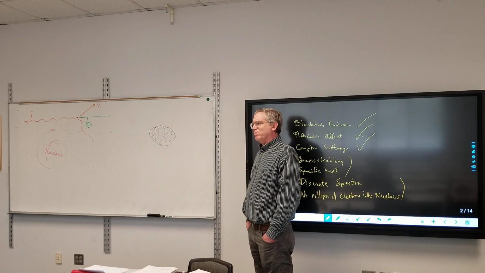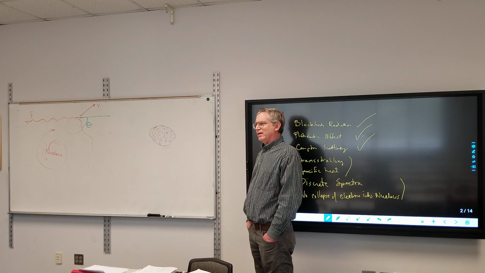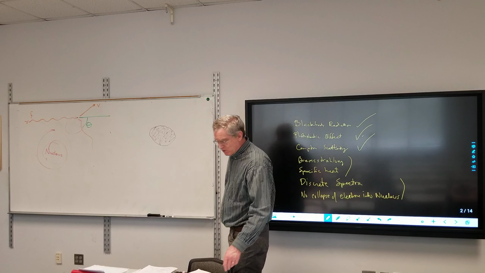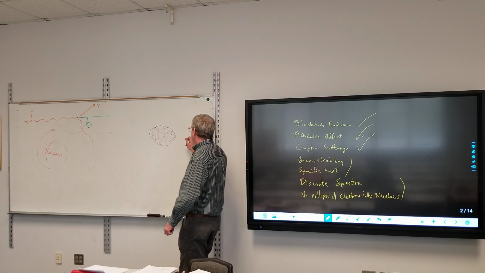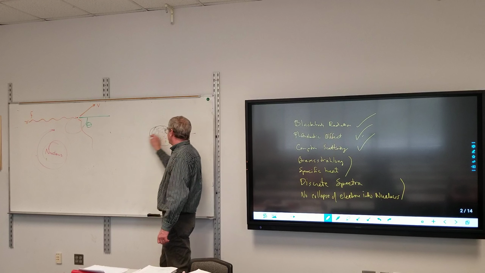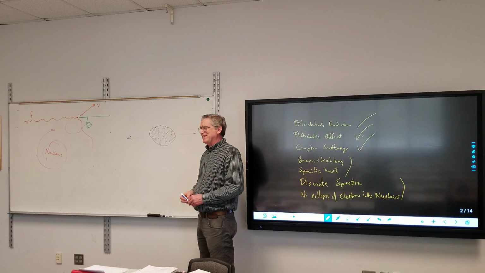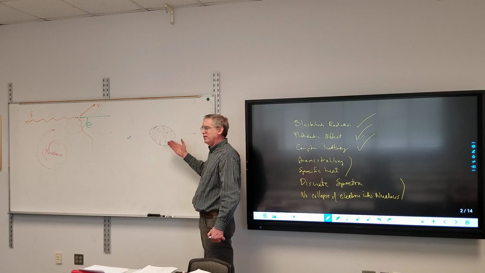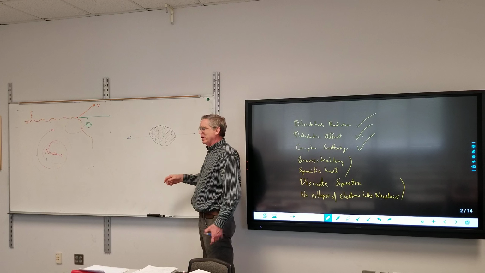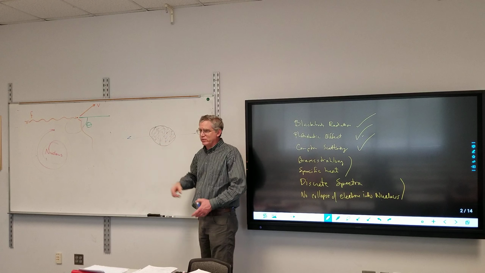Yeah, I'm thinking more piercing. Let's make it morbid, a bullet going through you. If I shot a heavy particle through there, it would go plowing right through. It might deflect a little bit if it hits an electron, but if it's more massive than the electron, the electron goes zipping off, but this thing should go right through.